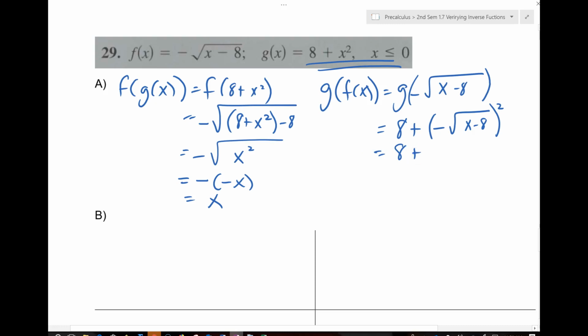If I square a negative, it becomes what? Positive. So that negative out in front of our radical sign just became what? Positive. And then you're still squaring the square root. And so that becomes your x minus 8, and it comes out to x. They work out really well.